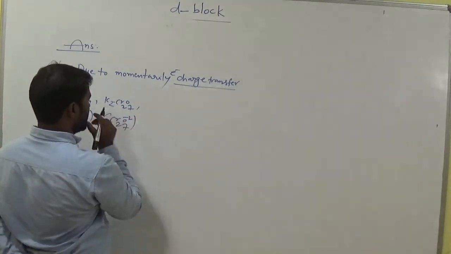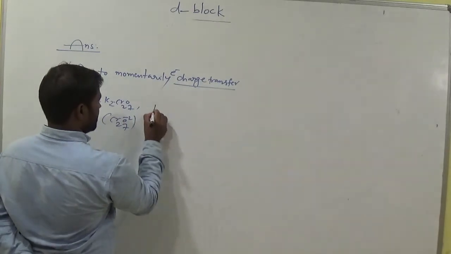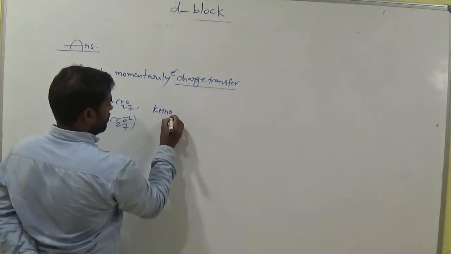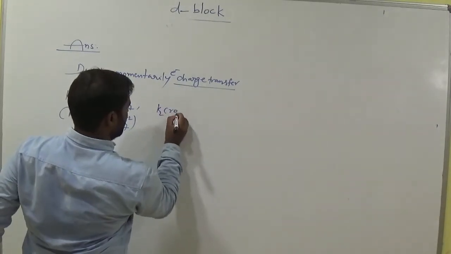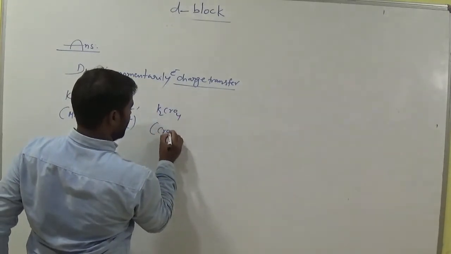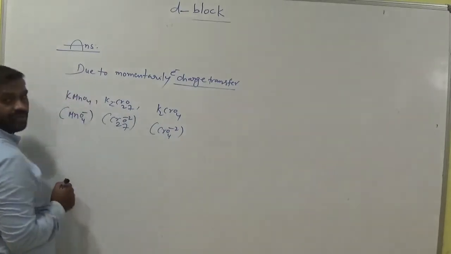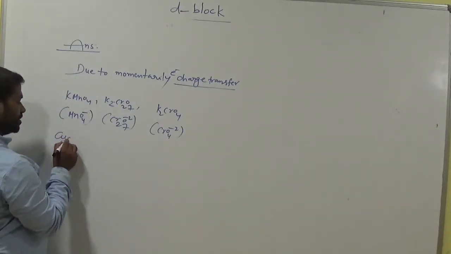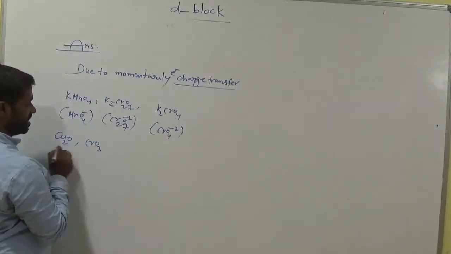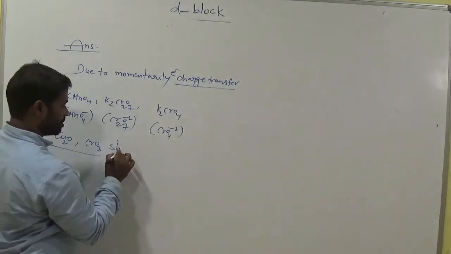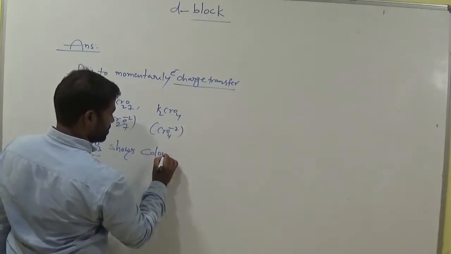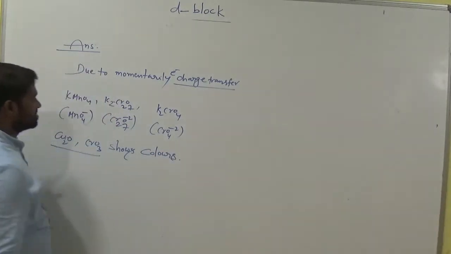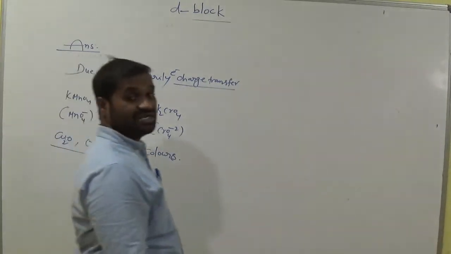Cr2O7, okay, and K2CrO4 simply we can write as CrO4 minus 2, okay, and Cu2O, CrO3 show colors, okay.